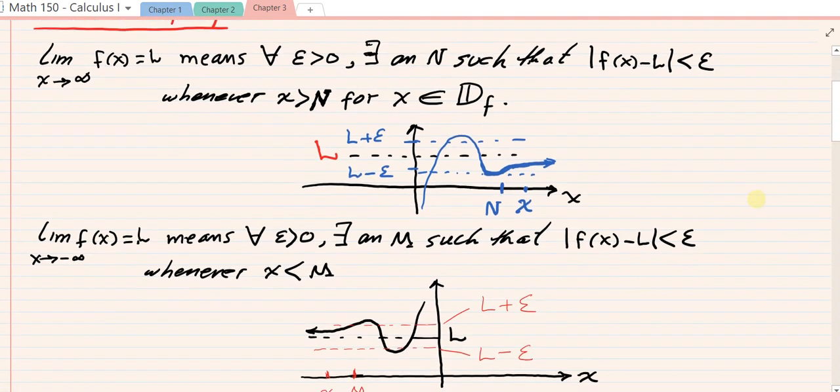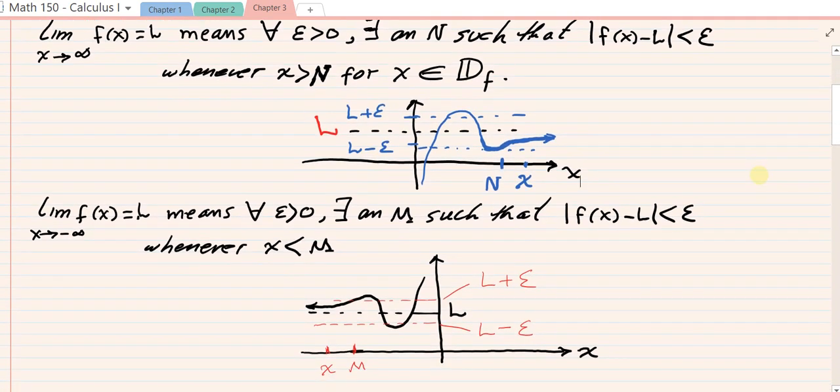Now we can take a look at a similar situation, this time as x approaches negative infinity. That means for every positive epsilon, there is a number, call it M this time, and M is now a negative number, because x is approaching negative infinity.